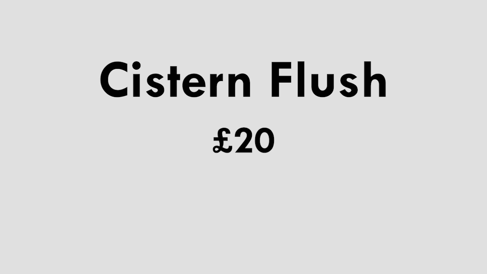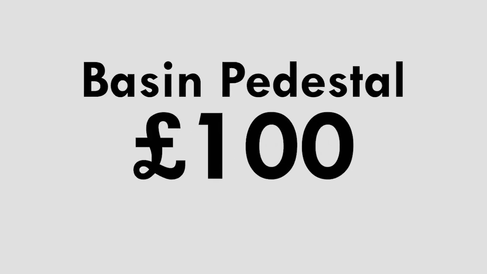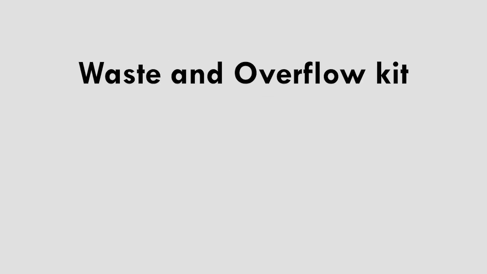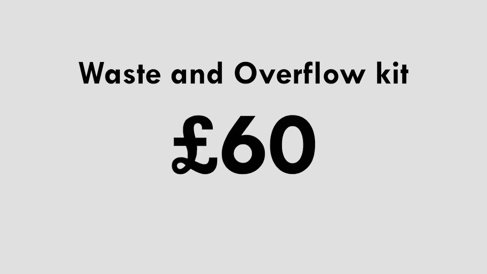Now the toilet was £150, the system flush push button £20, basin pedestal £100, bathtub £180, the bath mono tap was £100, the basin mono tap was £80, shower was £150, bath and basin waste and overflow kit was £60, the shower screen £80, towel radiator £80, extractor fan kit £50, the light, which we just used a bulkhead light in this basement, was £30, the light switch plate or cord if you're using a cord, and the fan switch plate altogether came to £20. The arc drive was £30.